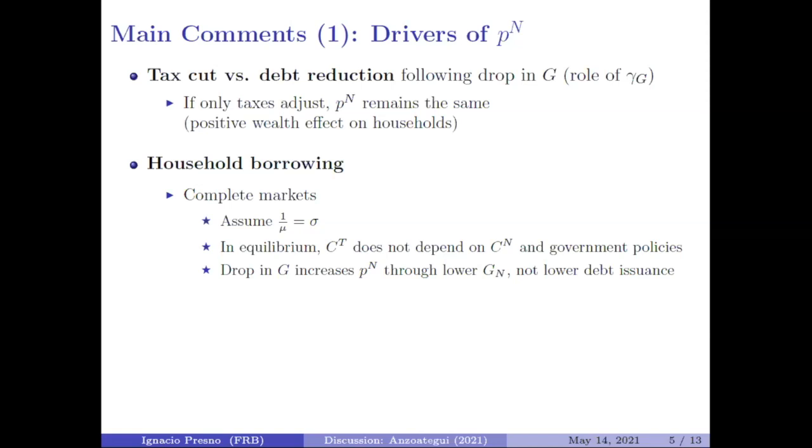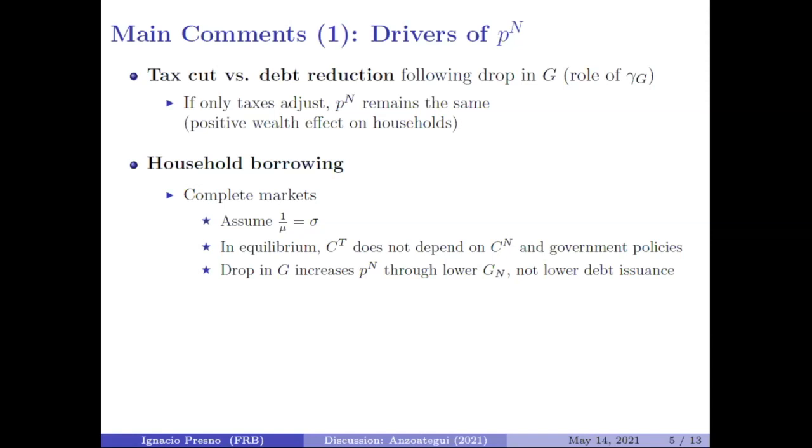That would mean that the drop in G would increase the relative price of non-tradables through the lower non-tradable spending. So first, the relative price would go up rather than down.